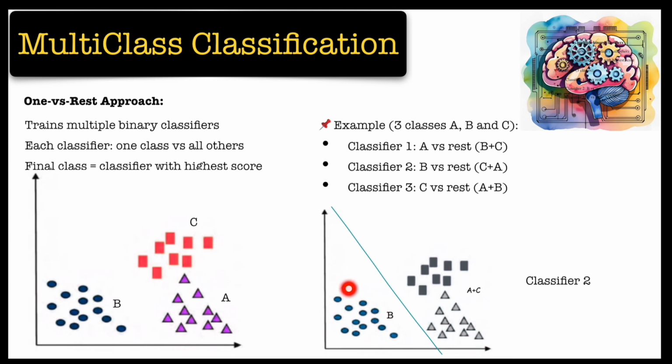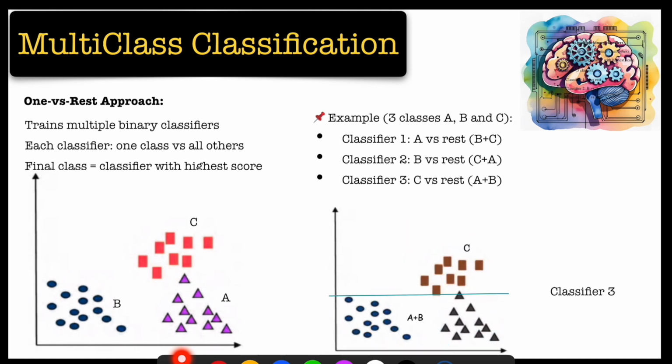Class B will be success and A plus C, any of the rest of the classes, will be failure. And classifier 3 is class C and the rest, A plus B. That's how we will train multiple binary classifiers, and our final class will be the one from the classifier with the highest score. So let's say if classifier 2 has the highest probability score, then our class will be class B.